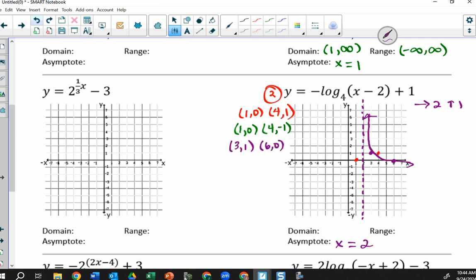All right, let's stop on that one for a minute. It's definitely trickier when we're flipping.